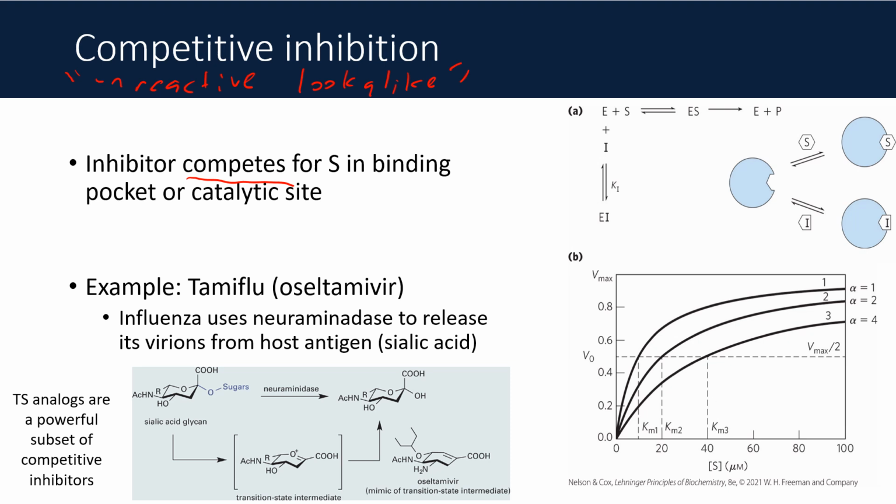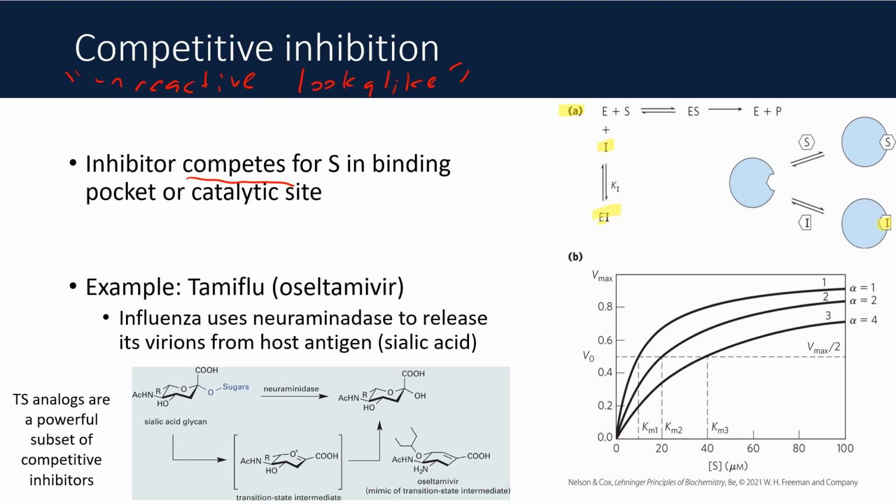Let's take a look at our kinetic model over here in this figure A. We are including a competitive inhibitor, which is signified as I, which can reversibly associate with the enzyme to form this EI, enzyme inhibitor complex, which does not react.